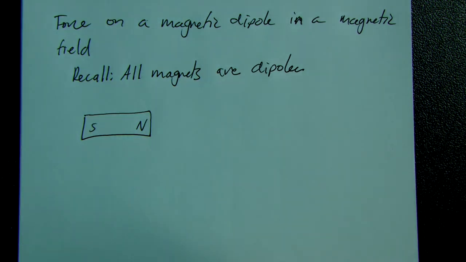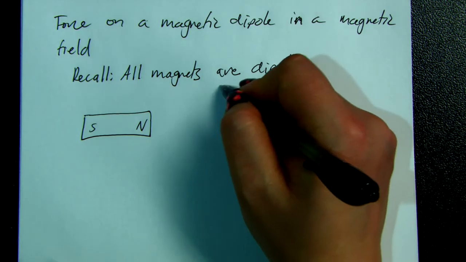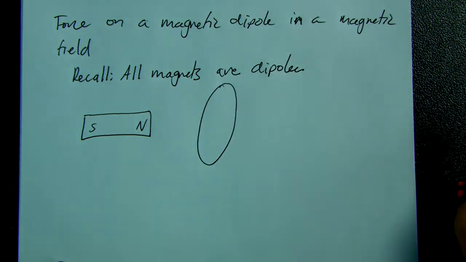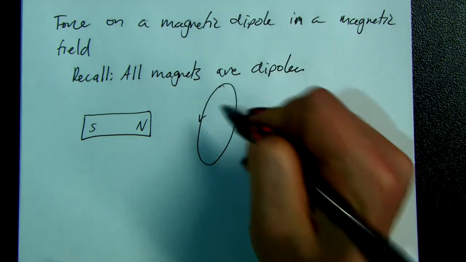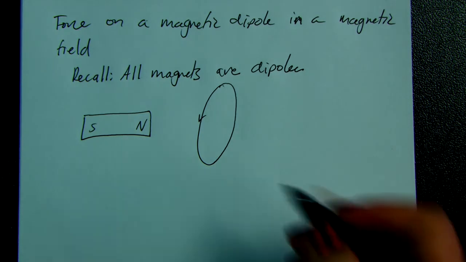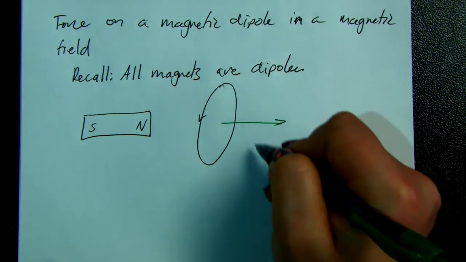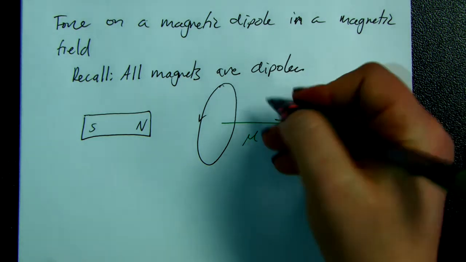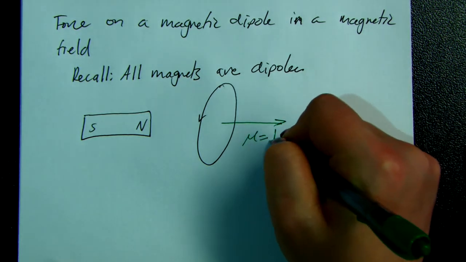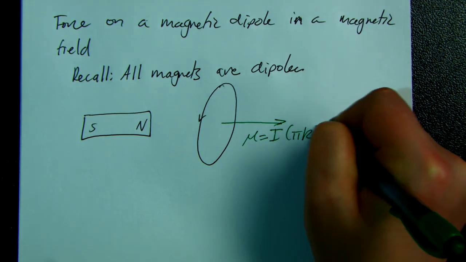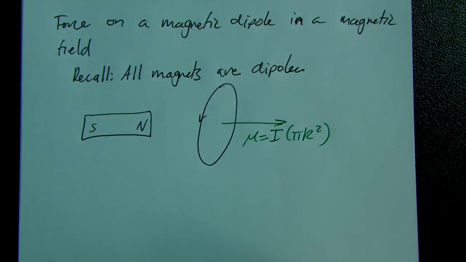Okay, so here we have a bar magnet, which is a magnetic dipole, and we've got a current carrying loop right here, which is also a magnetic dipole. So we would have our magnetic dipole moment equal to I pi r squared for the loop.